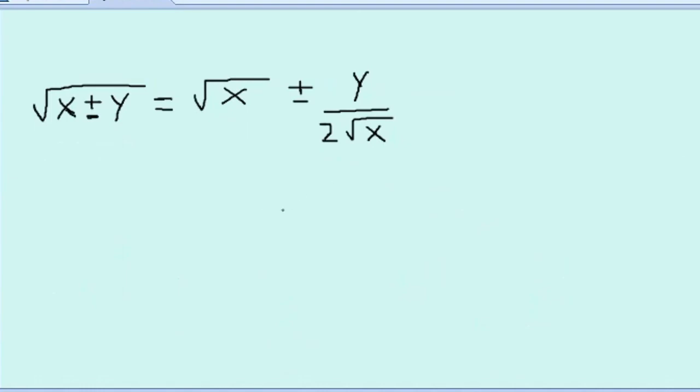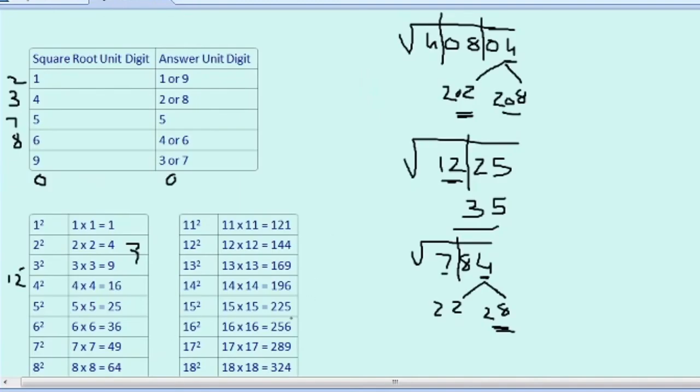Let us do another example. Here let us take root 251. Now, root 251, where does it lie? It lies between 15 square and 16 square. The nearest is 16 square, that is 256, right?